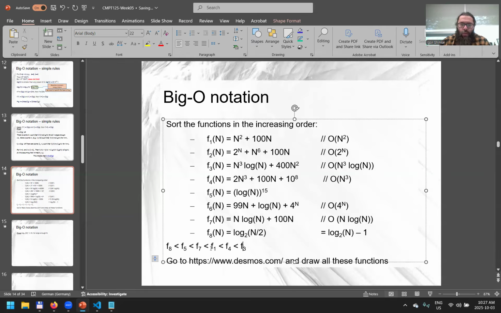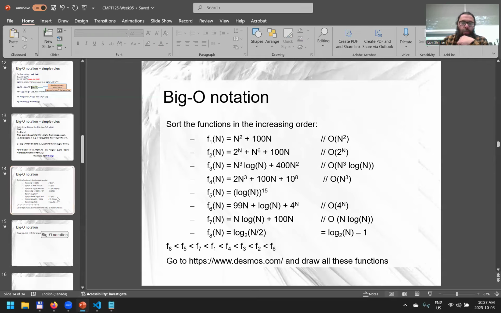Let's see, what's missing? 2 is missing, and 6. So 2 is 2 to the n, and this one is 4 to the n. So I think 6 is the largest, and 2 is the one after that. Okay, so I think I solved this little exercise. I hope you solved it also.